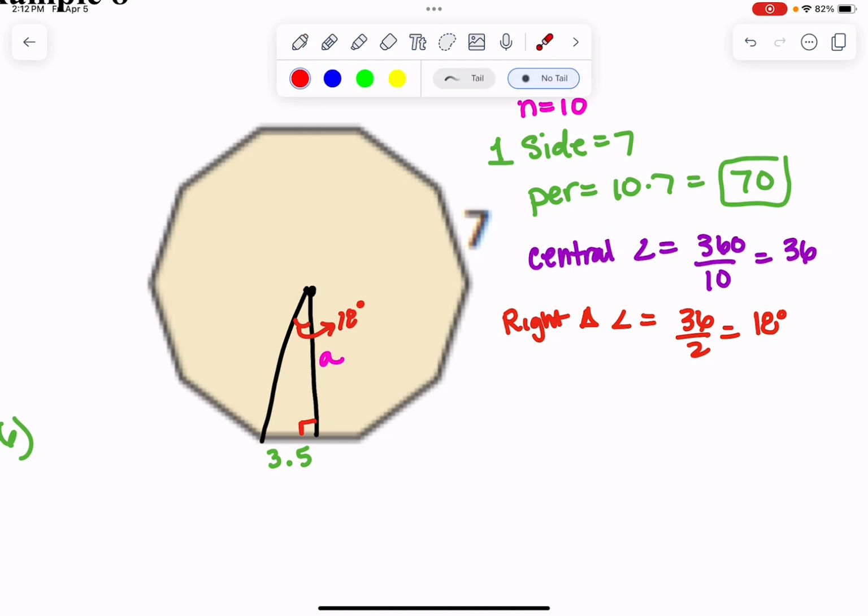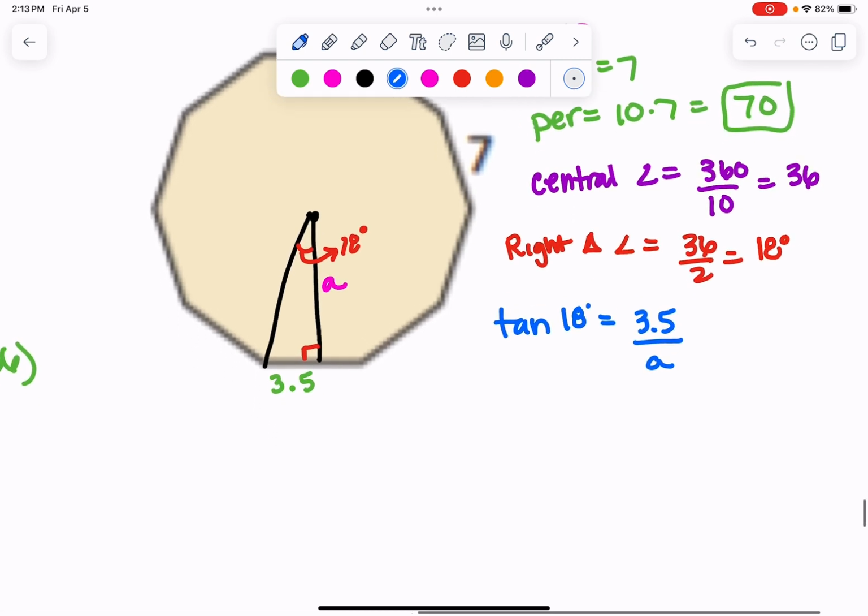So let's take a look at the sides that we have. We've got our opposite side, 3.5, and our adjacent side. So that would be the tangent. So we can go ahead and say the tangent of 18 degrees is equal to my opposite side, 3.5, over my adjacent side, A. Now remember, when A is in the denominator, we're going to put our tangent over 1 and cross multiply.